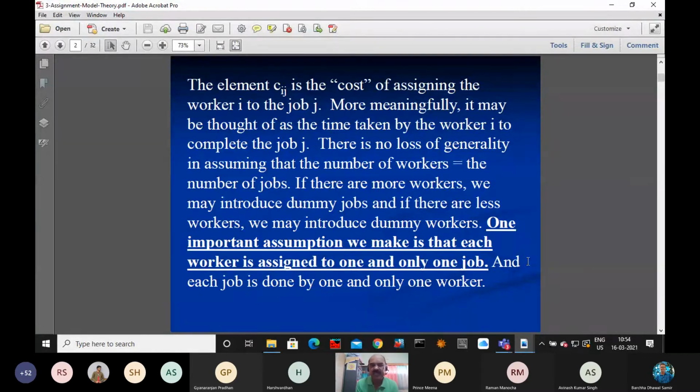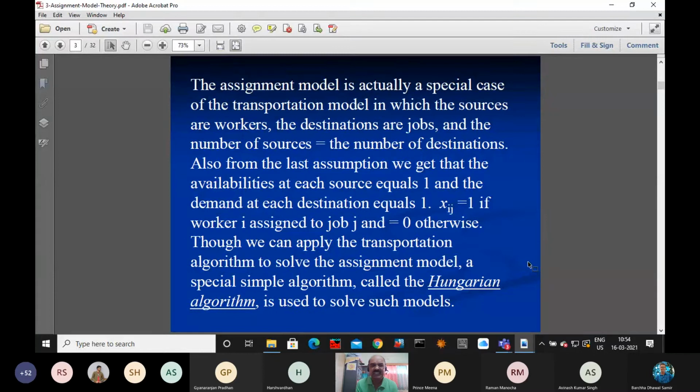The assignment model is actually a special case of the transportation model in which the sources are the workers, the destinations are the jobs, and the number of sources is equal to the number of destinations.